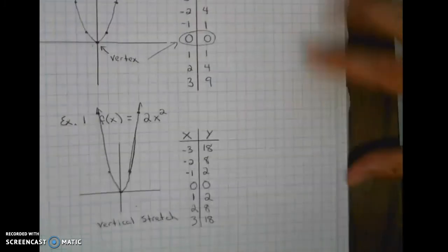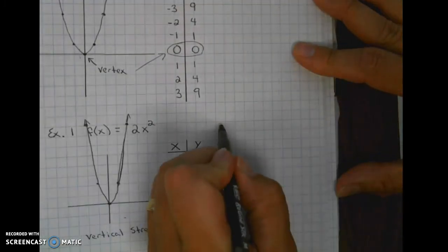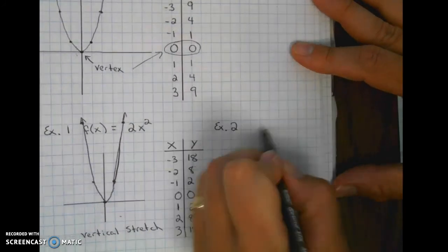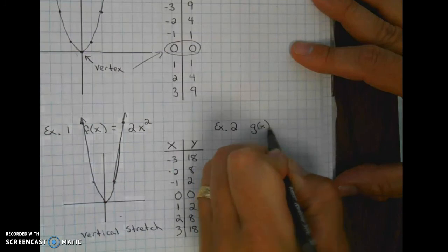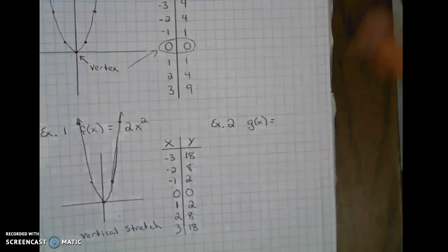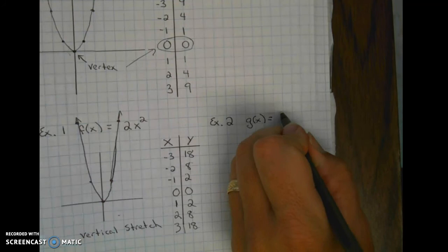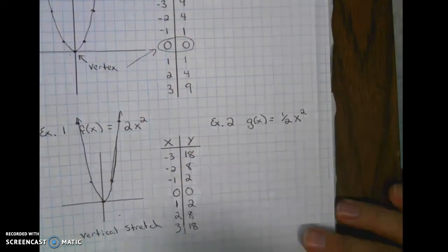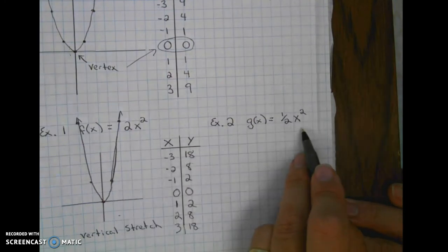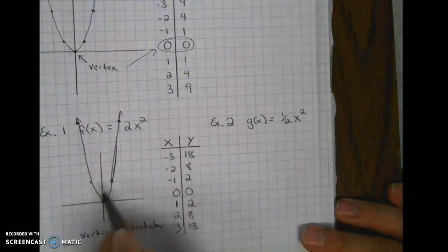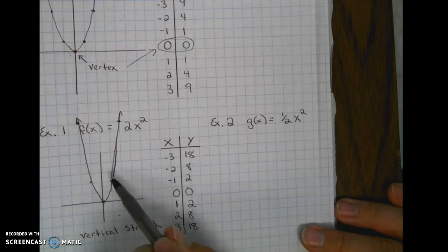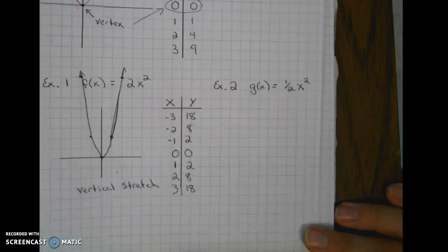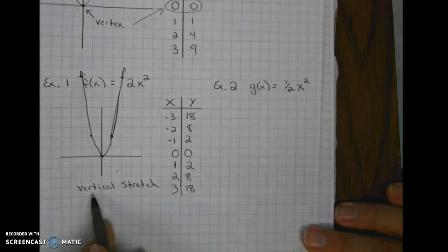Now, what do you think is going to happen with this equation? Let's say we have g of x equals 1/2 of x squared. So I want you to write down a prediction. So what is your prediction for this graph, for this table? And what words would you use to describe what's happening here?